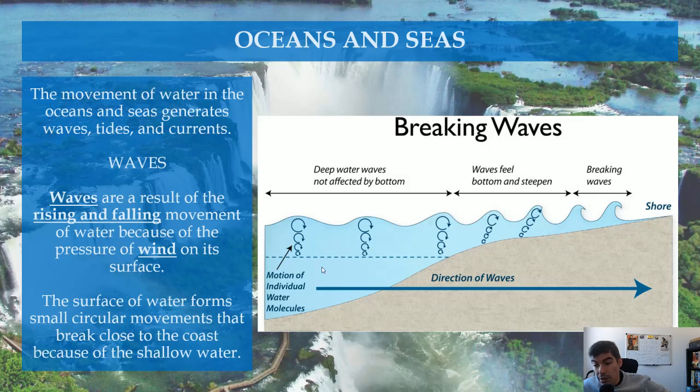When the water gets closer to the shore, this movement is interrupted by the seabed, the sea floor. So it starts to lean forward until this movement cannot be completed, so the waves break. If you have gone to the beach or on vacation, you have seen the waves breaking on the coast, on the beach or on the shore.